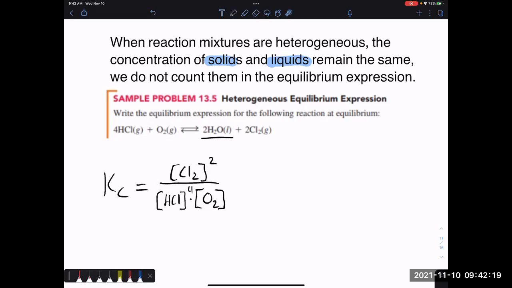Part of the reason that we leave out something like, well, for this reaction, these are in the gas state. So this is kind of similar to what I was talking about, where something might leave the solution, or in this case becomes a liquid in this gas reaction.